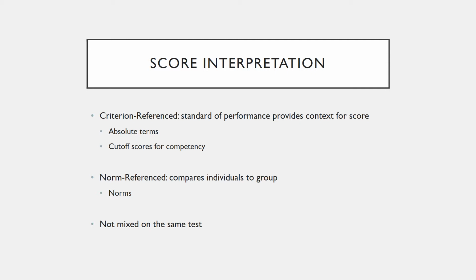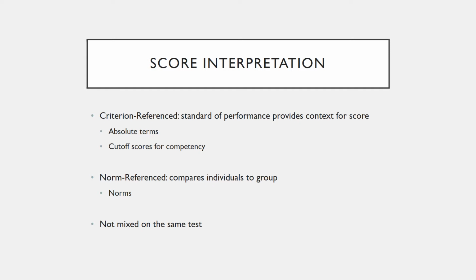Then we have norm referenced interpretation, which is used quite a lot in psychological testing. This compares an individual to a group of other individuals. And so we get into this idea of norms or norming, which means we have to understand the group of people our client is being compared to when we look at their scores for their test.